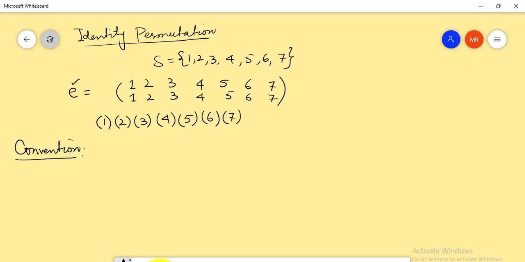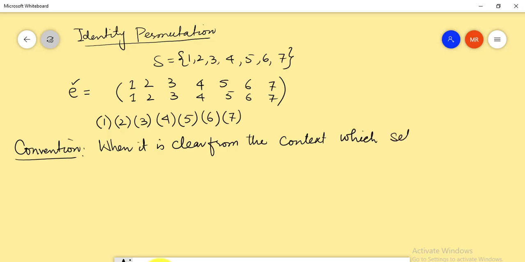What is the convention? When it is clear from the context which set of symbols is being permuted, we omit fixed symbols.